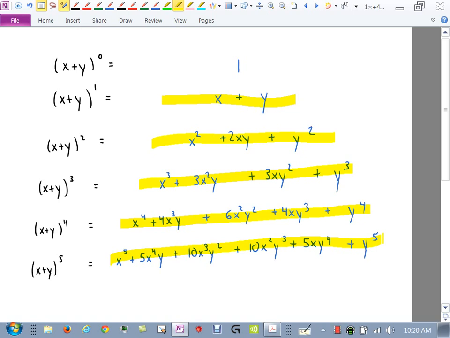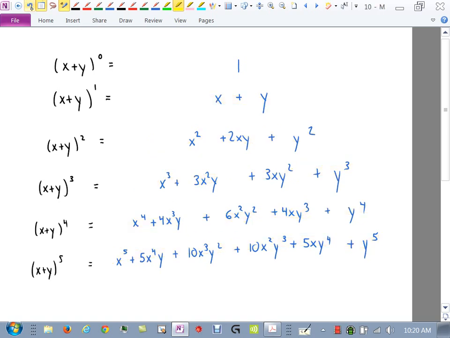The powers on the x's go down as you move across from the left, don't they? Look at the very first one. What's the power on that x? 1. Is there an x over here?